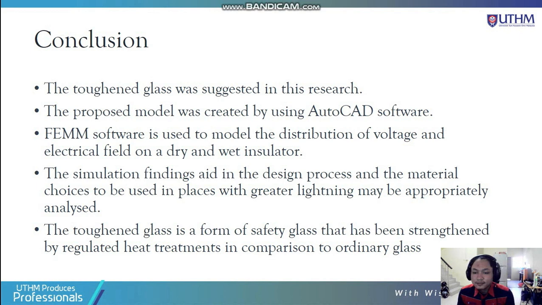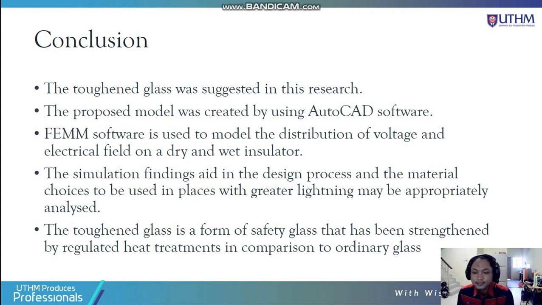Toughened glass is a form of safety glass that has been strengthened by controlled heat treatment in comparison to ordinary glass. Tempering compresses the outside surface while tensioning the interior surface, causing the glass to form treeing and tracking rather than breaking into fragments.